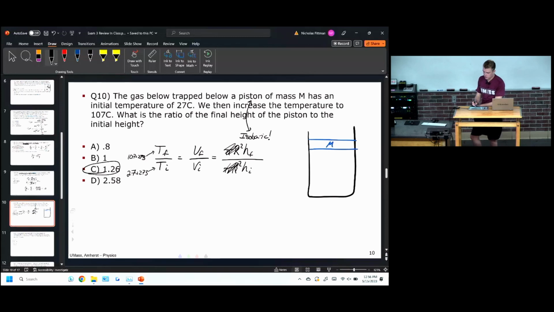Okay, again, the two main hints in this problem were that a piston problem is immediately an isobaric problem, and you were asked about the ratio, so Charles' law is an obvious place to look for ratios. Equivalently, you could do the ideal gas law divided by itself, and you would get the exact same equation. That's what Charles' law is.